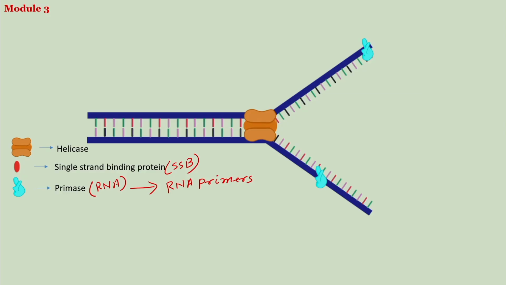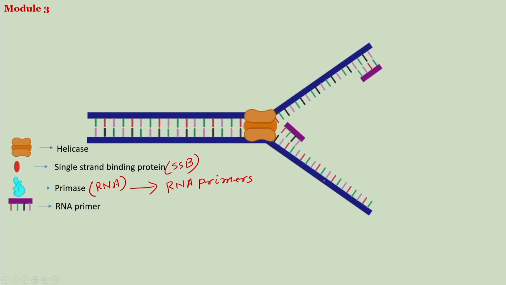So, RNA primers will develop, the short sequences of RNA, and they will hybridize, as they are complementary. This RNA primer is complementary to this strand, and this RNA primer is complementary to the other strand.